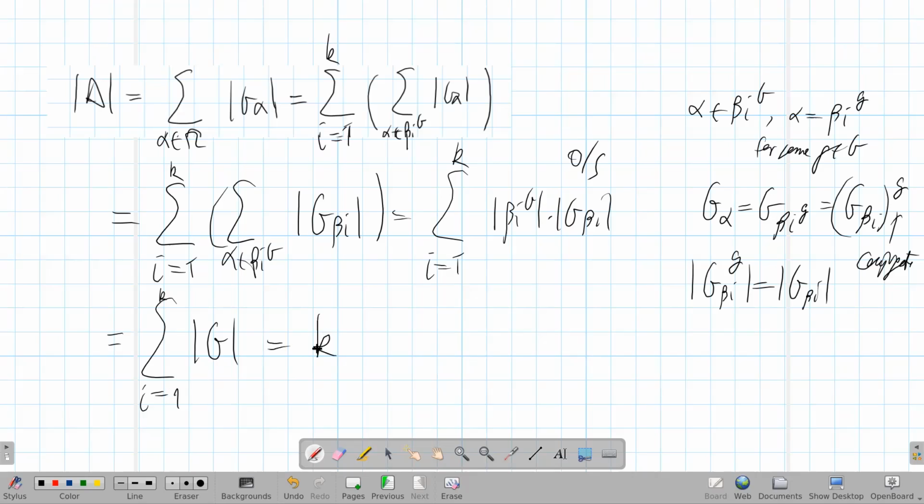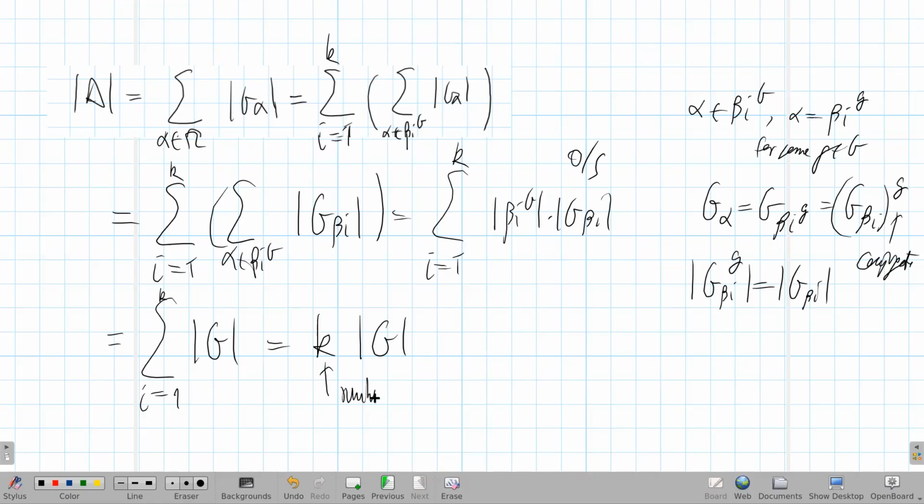So this is simply k times the order of G. So we have counted delta by row and found that the number of elements in delta is k times |G|, where k is nothing else than the number of orbits of G on omega.